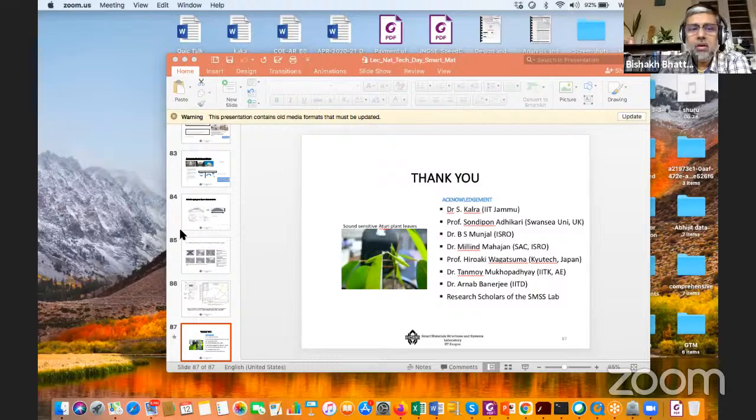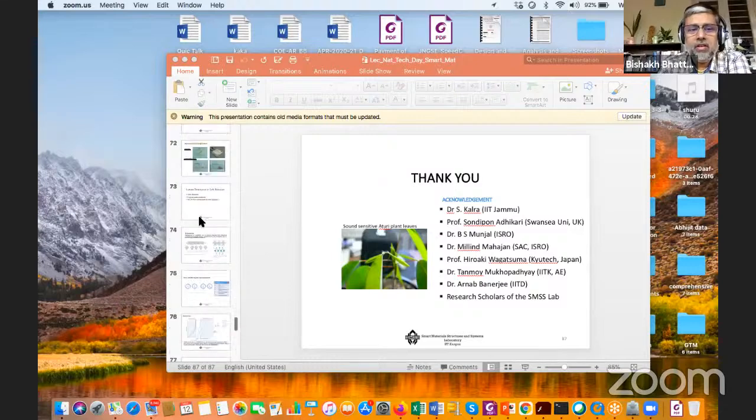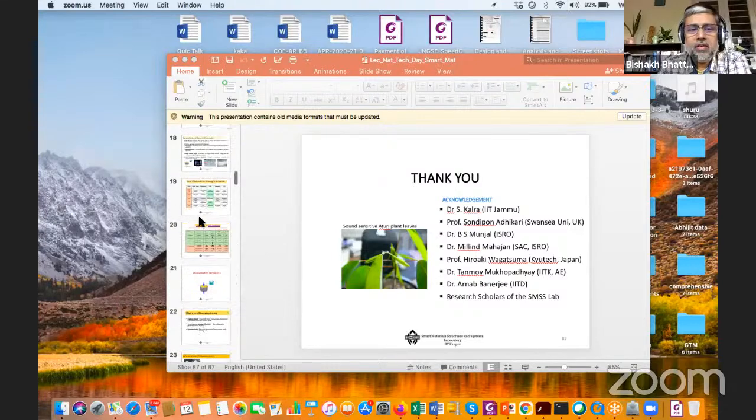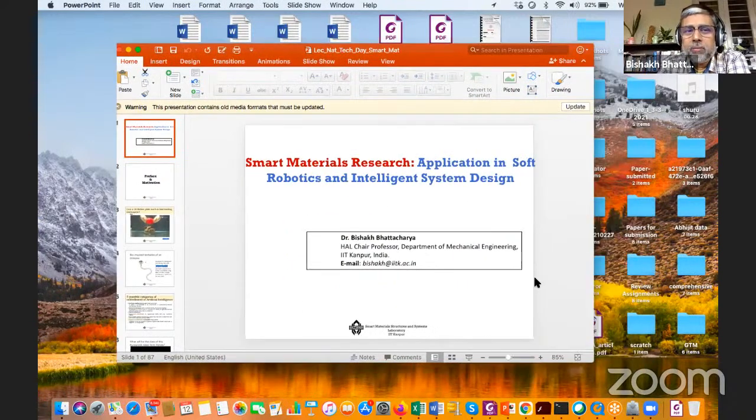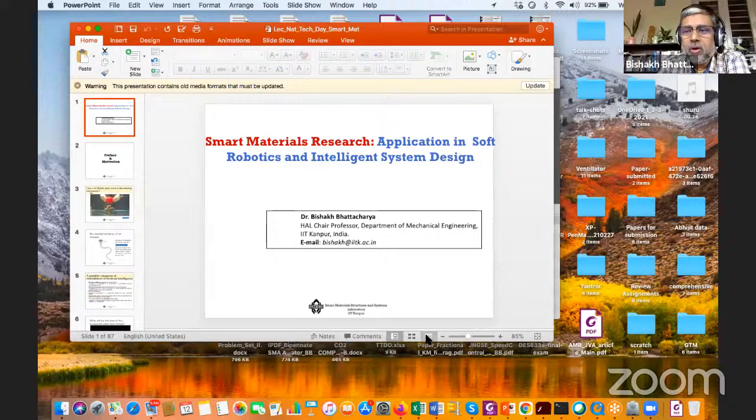So I will just share my screen. I have a high number of slides, because I would like to give you glimpses of all the smart materials that we are using in different contexts.